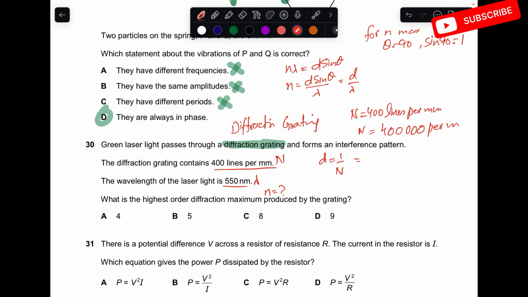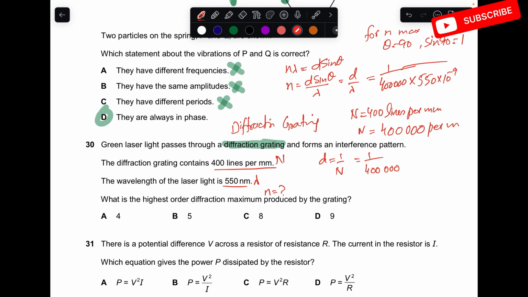So d is 1 divided by 400,000. Just put the values here. d is 1 divided by 400,000, and lambda is 550 times 10 raised to power minus 9.